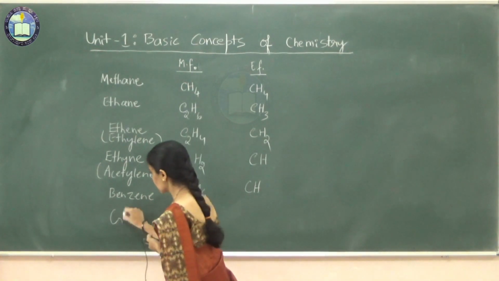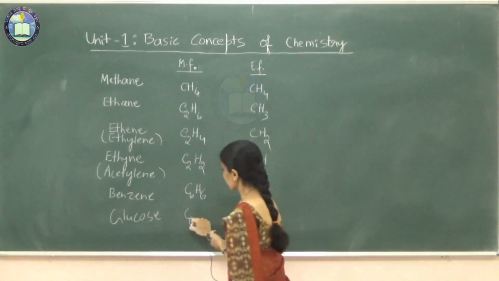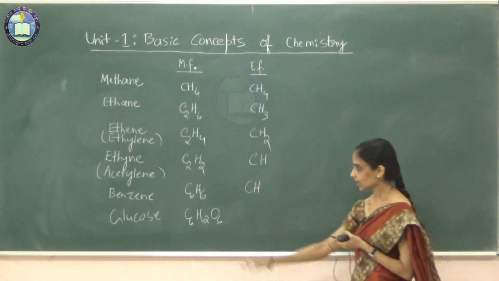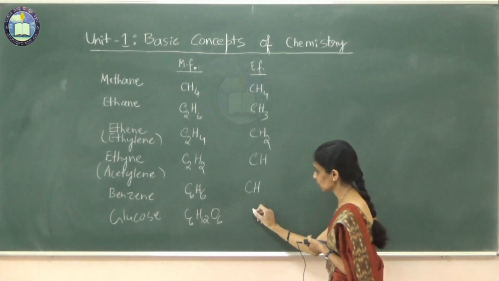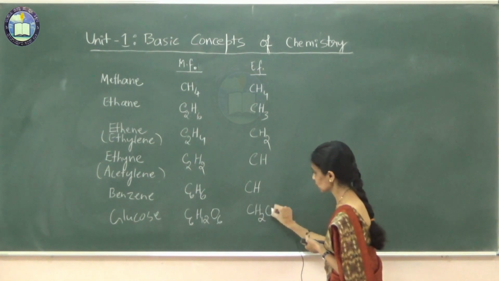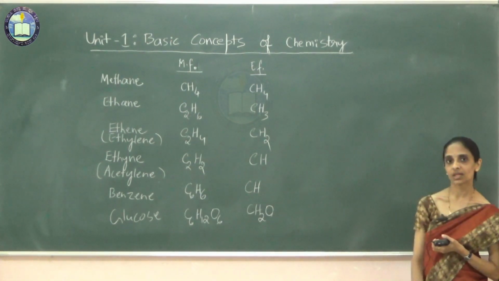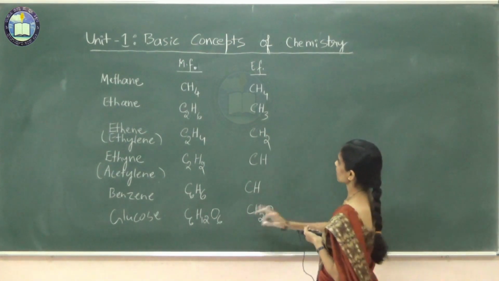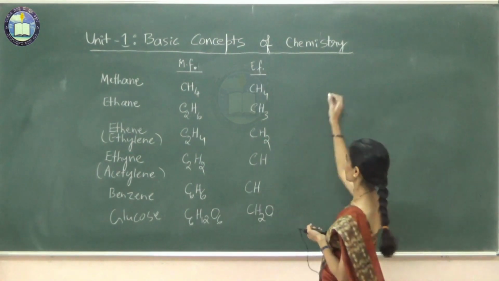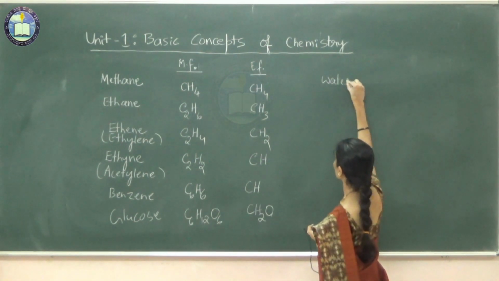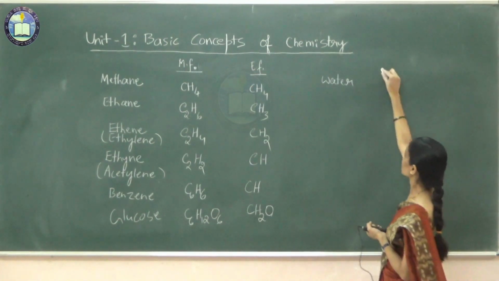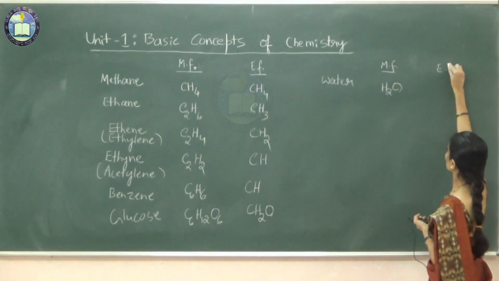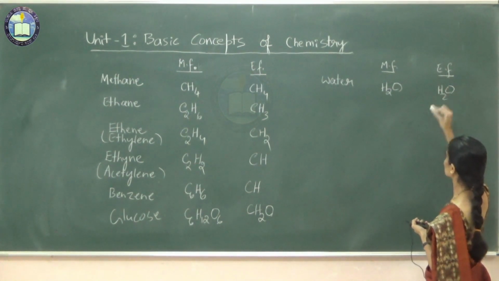I will take glucose. Molecular formula C6H12O6. Divide throughout by 6, you get CH2O. It is the empirical formula of glucose. Not only organic compounds, you can take inorganic compounds as well. Water, molecular formula H2O, empirical formula also H2O.